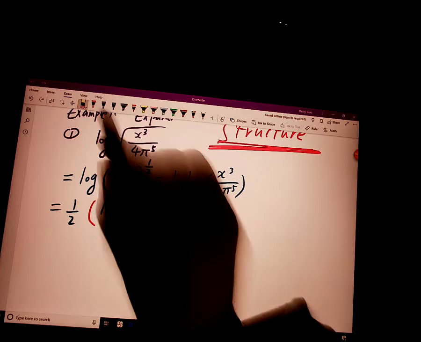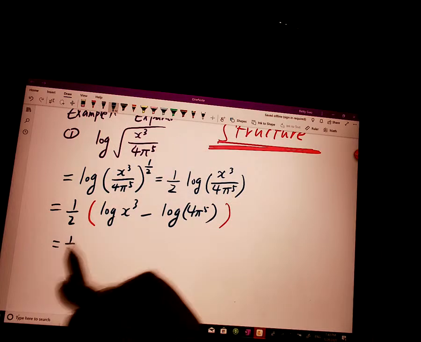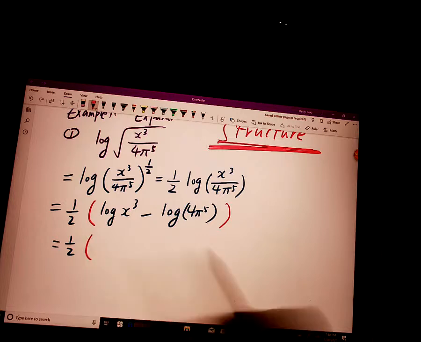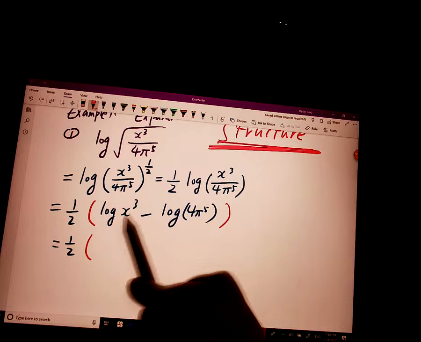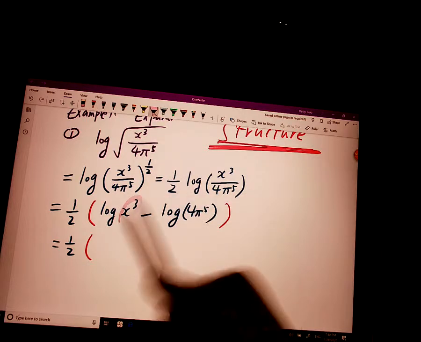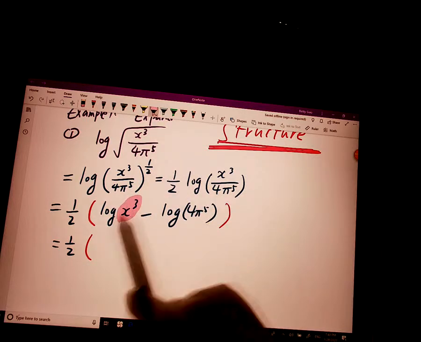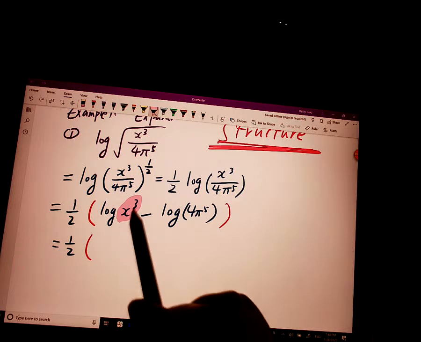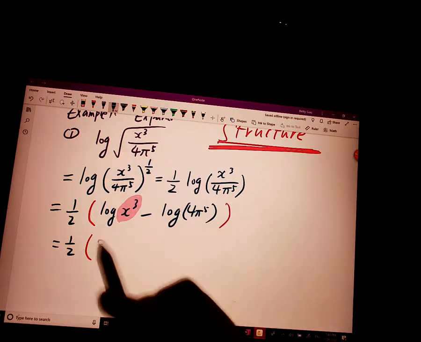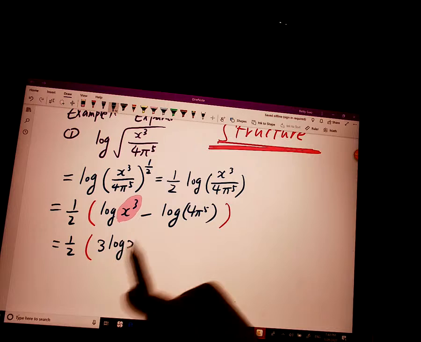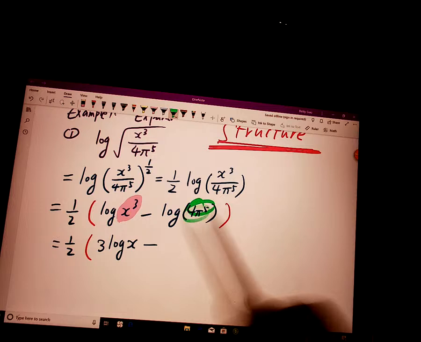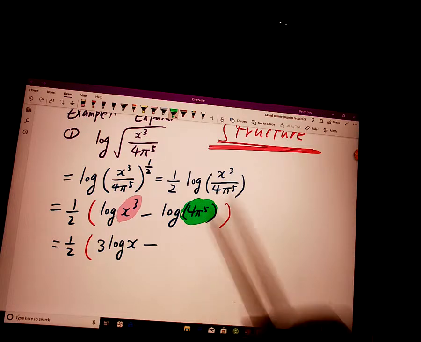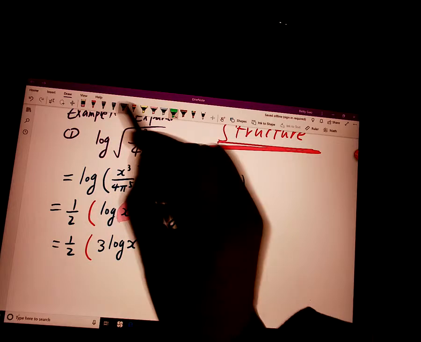Keep going, half, and then red parentheses. Let's look at the first logarithm here. The antilog is this part. What structure? Power. So we're going to apply the power rule. We're going to move 3 in front. We have 3 log x. And continue here. Look at this antilog. What's the structure that you see? Product, yes. So let me change the color.